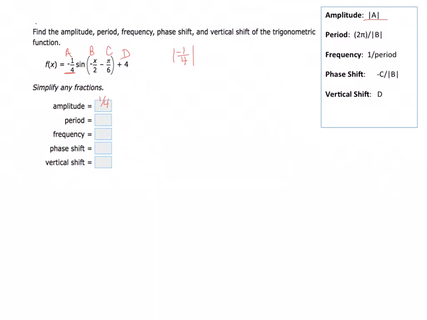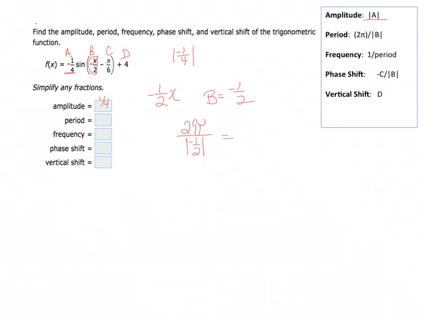Period is going to be 2 pi over the absolute value of B. Now, there's a 1 in front of that x there, so this actually looks like negative 1/2 x. So my B here is actually negative 1/2. So we're going to solve for B here. We're going to say period is equal to 2 pi over absolute value of negative 1/2.